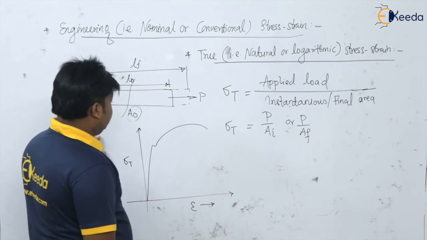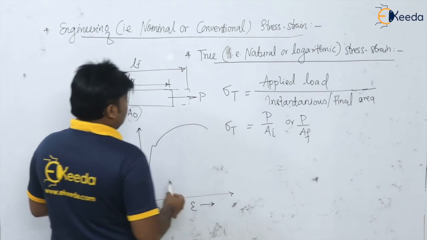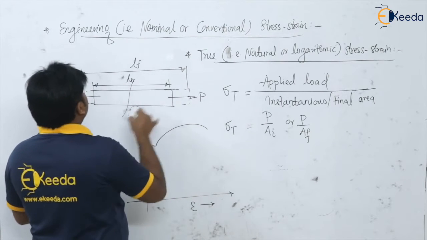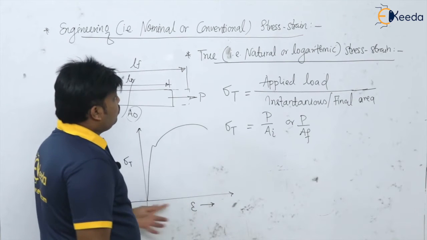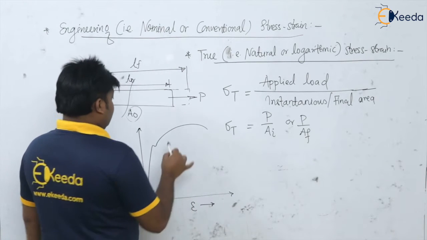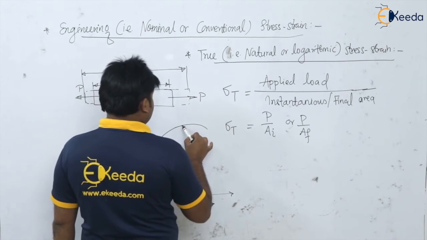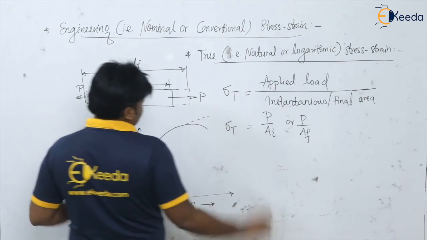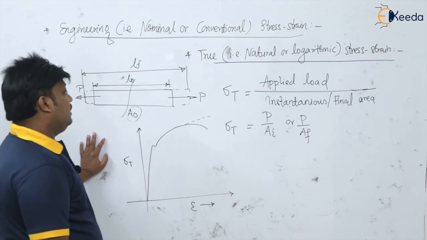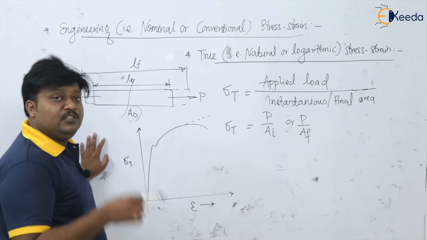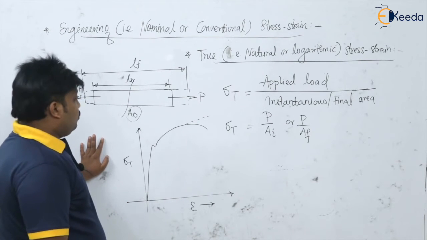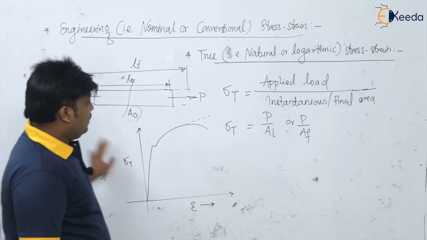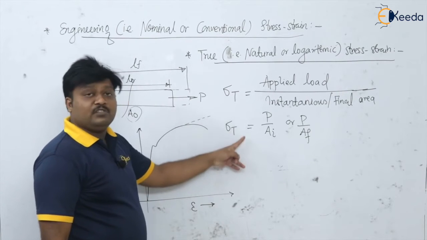So basically if you look at this stress strain curve for this engineering stress strain and this true stress strain curve, definitely the true stress strain curve will go like this. Okay, because there is continuous decrease in area. Okay, so see here we have got here the true stress.